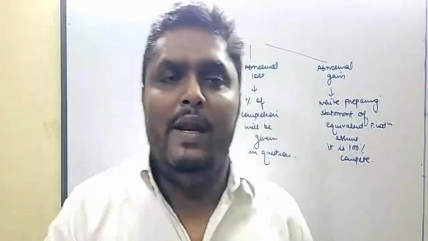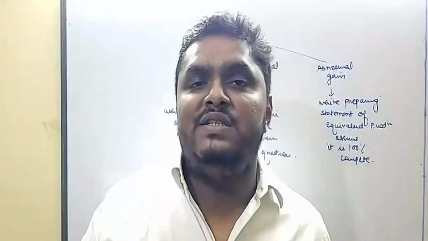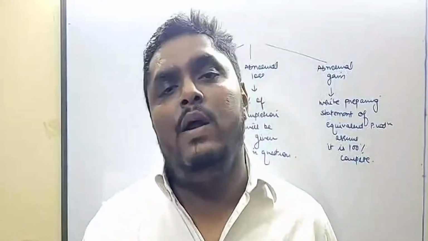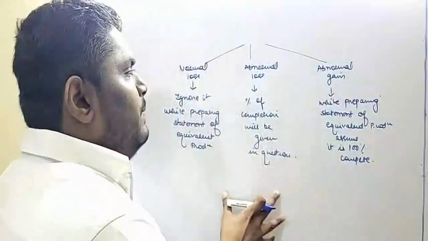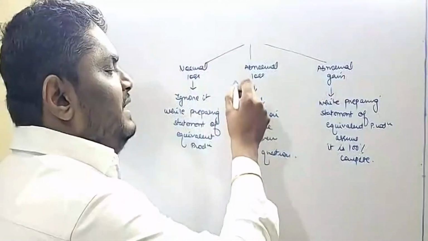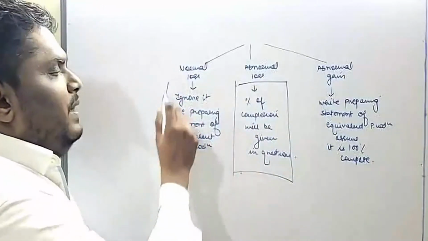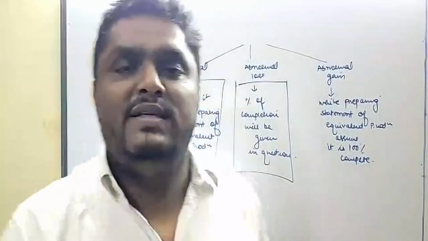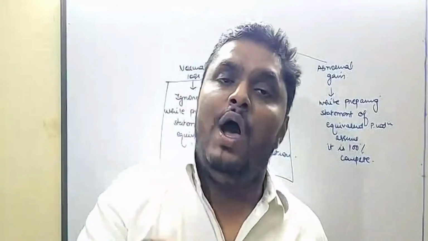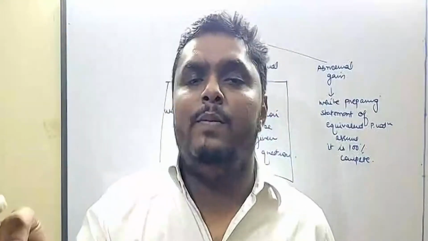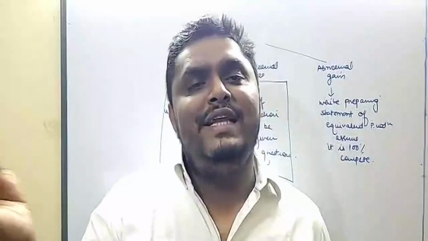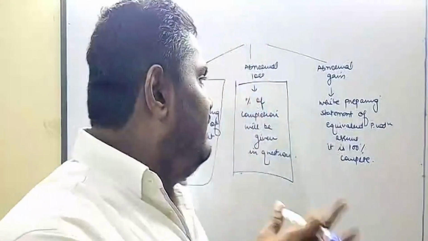So if it is abnormal gain, we will assume that they are 100% complete, whether it is material, labor, or overhead. As far as abnormal loss is concerned, the percentage of completion will always be given in the question. And if it is normal loss, then ignore it while preparing statement of equivalent production. So how to deal with normal loss, abnormal gain, abnormal loss in statement of equivalent production, I have already explained.